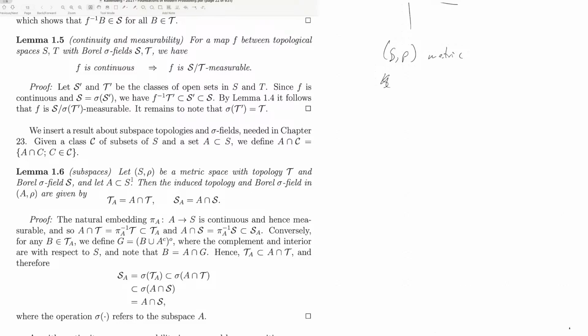Now let's write S rho T. I don't like how they're mixing S and T now, though. And Borel sigma field S. Okay, right. That's fine. And let A be a subset of S.